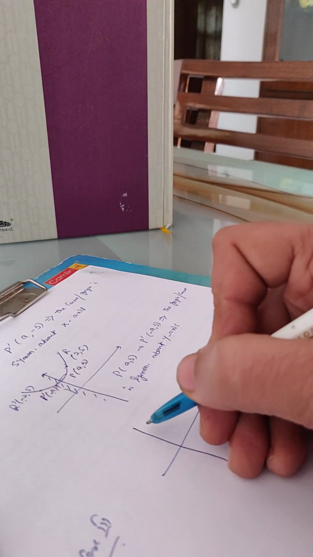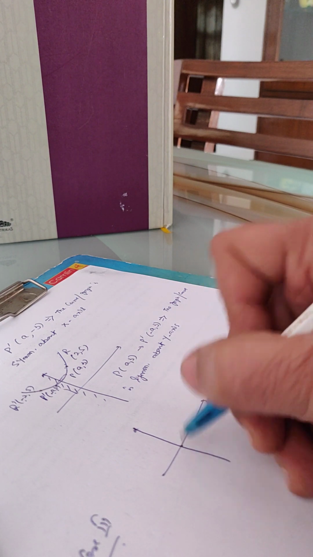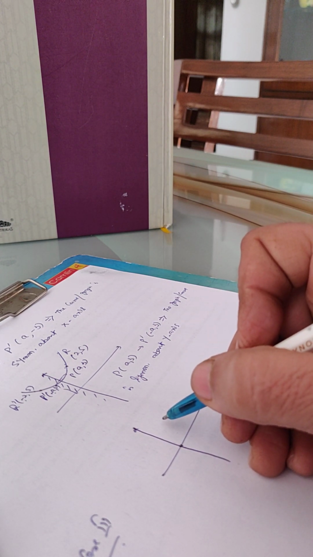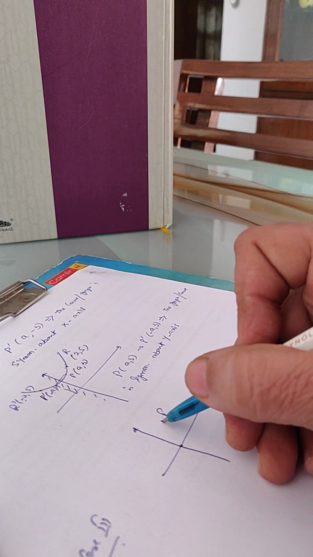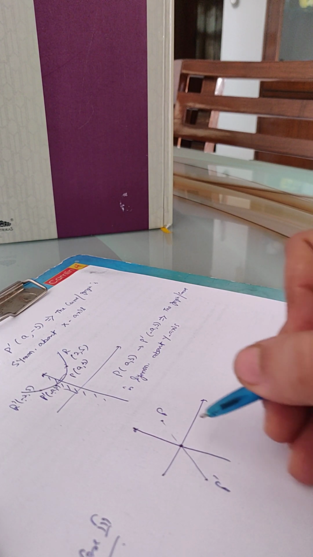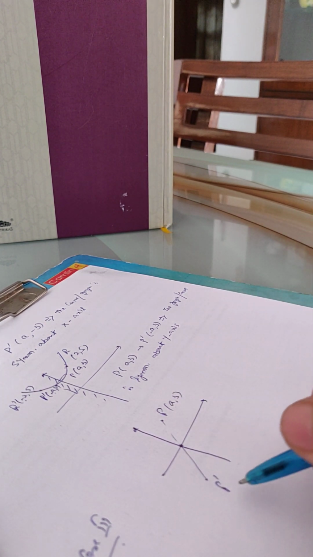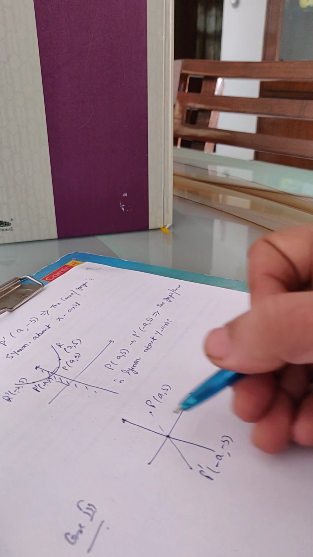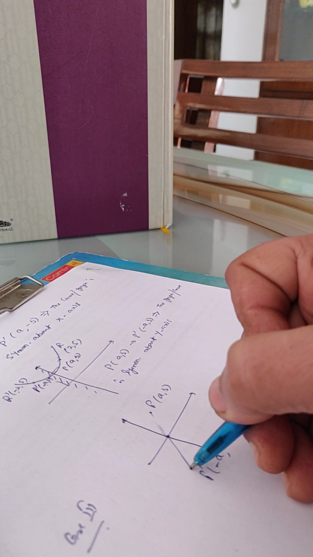Now case 3. Suppose this is the coordinate axis and this is the point mirror. A point P over here gives you a reflection, equidistant, P dash, but the coordinates become minus a, minus b. This distance is equal to this distance.